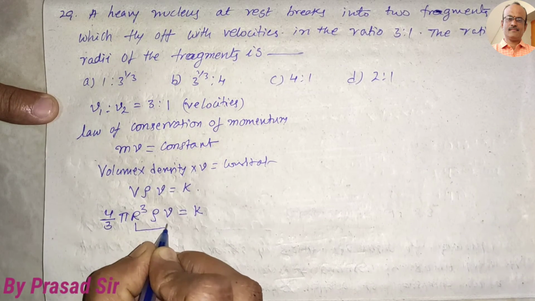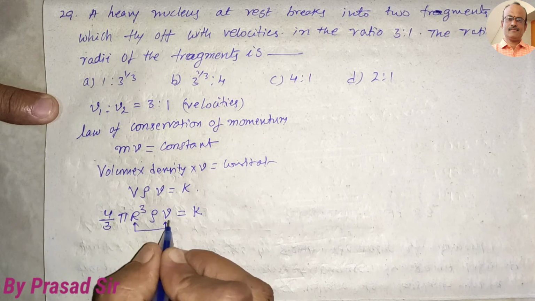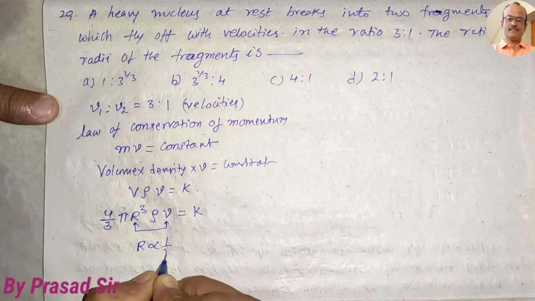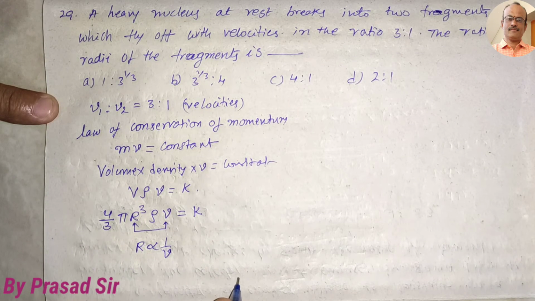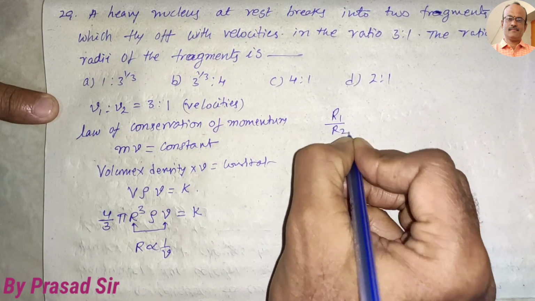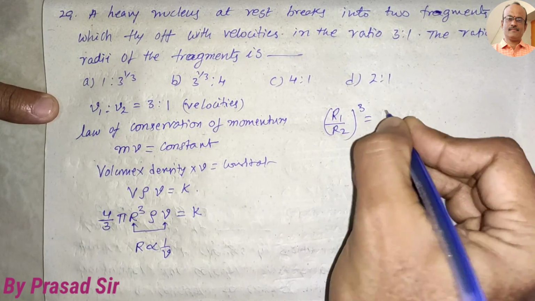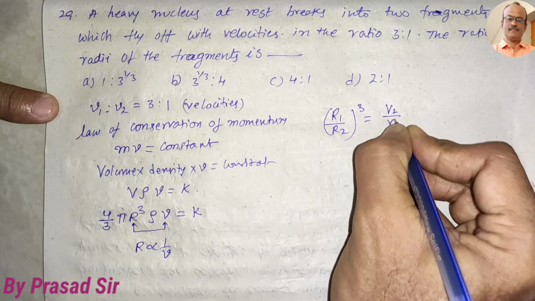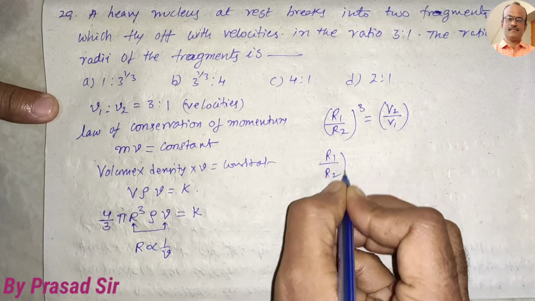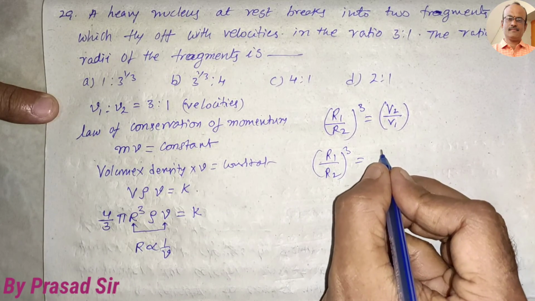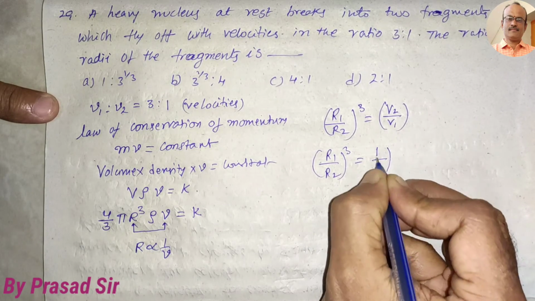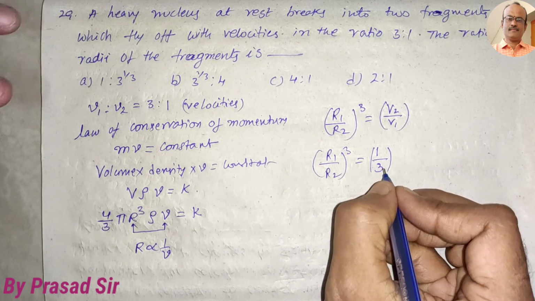But here I want to get the relation between radius and velocity. So that means radius cube is inversely proportional to the velocity. So R1 divided by R2 whole cube is equal to V2 divided by V1. So R1 divided by R2 whole cube is equal to 1 divided by 3, since 3:1 is reversed to 1:3.